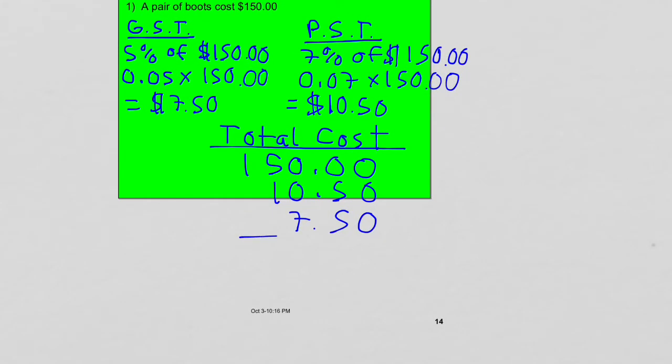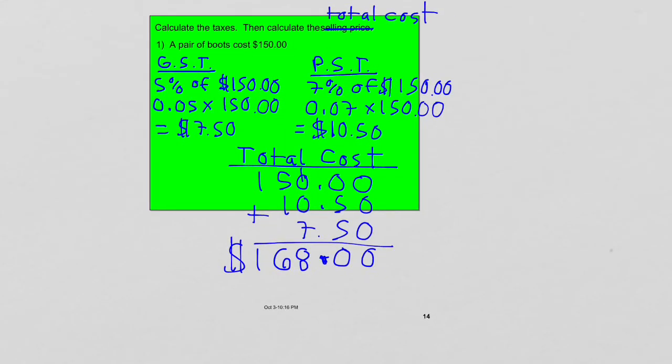And you add up those selling price and your taxes. Oh, there's my decimal, and you get an 8, and a 6, and a 1. And the total cost of these boots is $168.50. And again, notice how we're labeling what we're doing: GST, PST, total cost. All right.